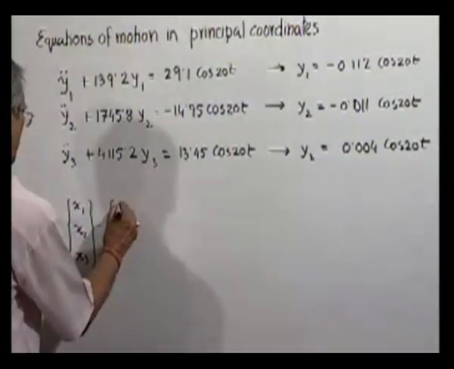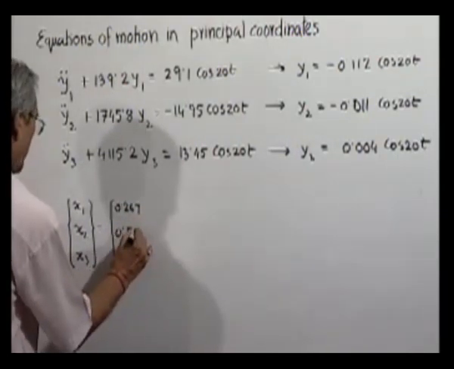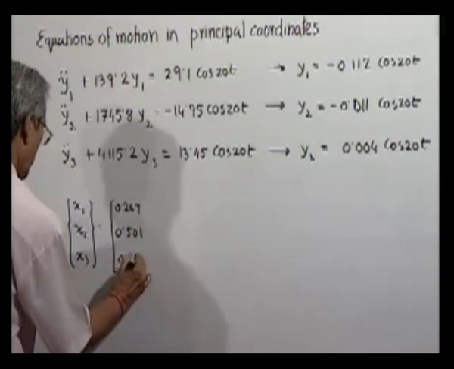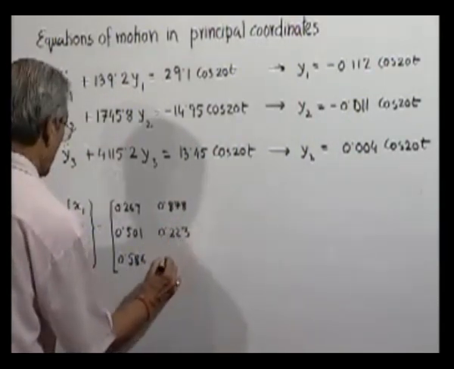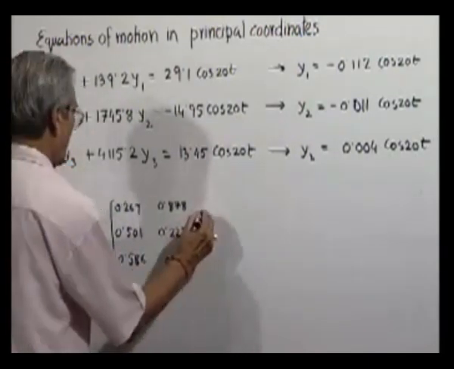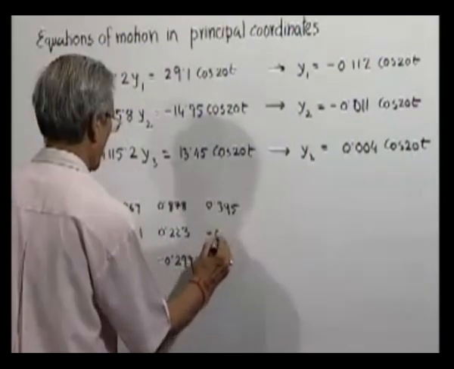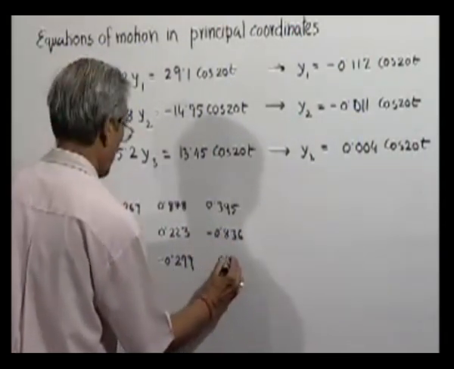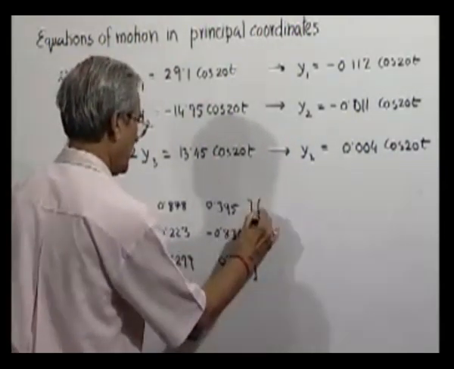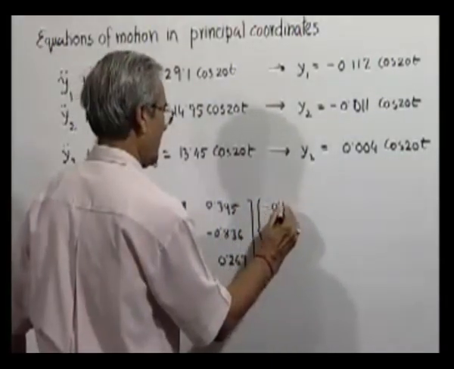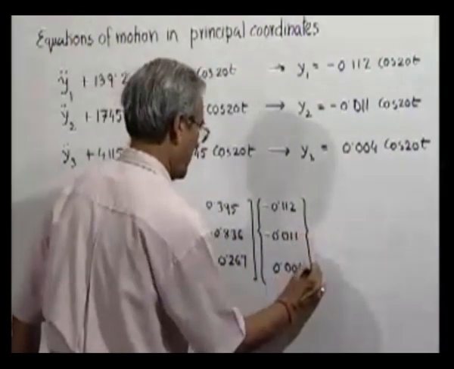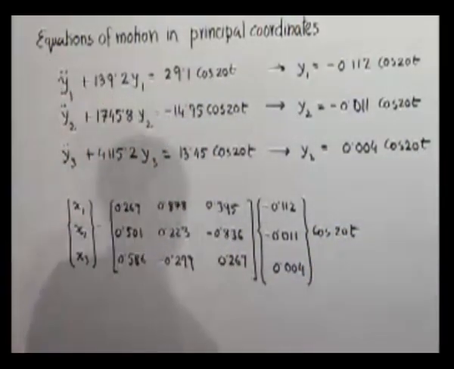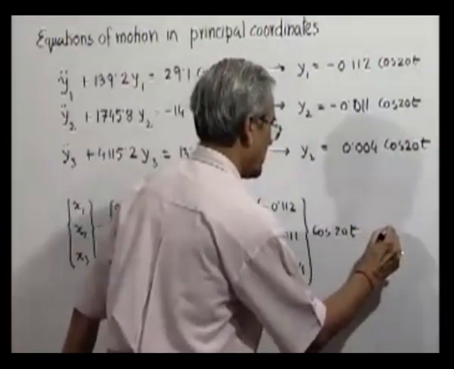So, you will get 0.269, 0.501, and y we have found out, that is, and the question is now what is the dimension? We are following the SI unit, so this dimension will be in meter.